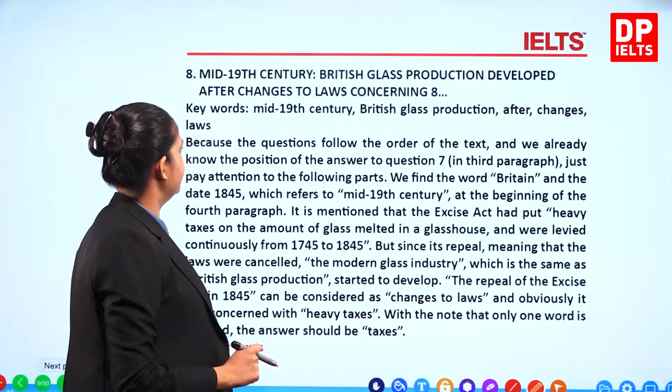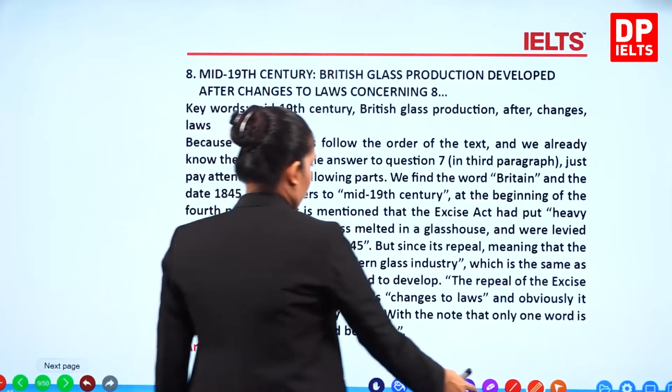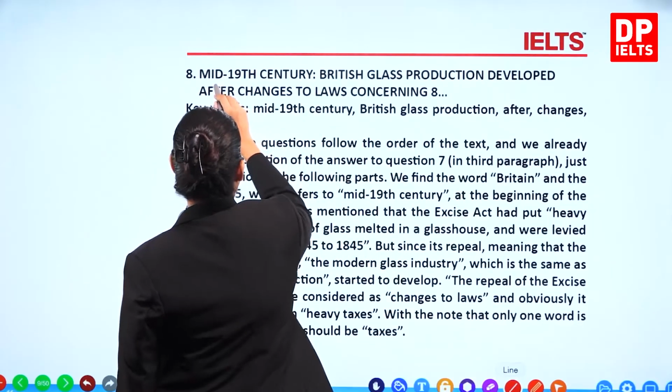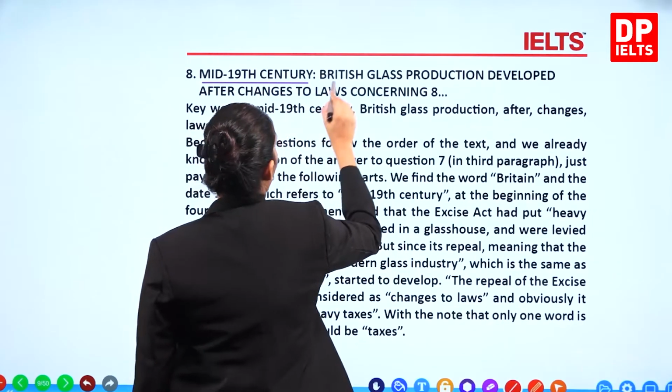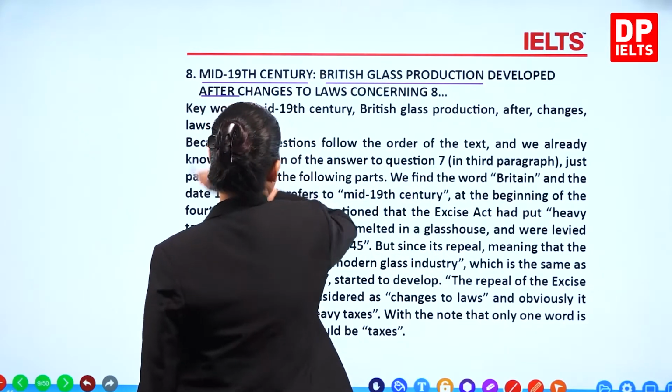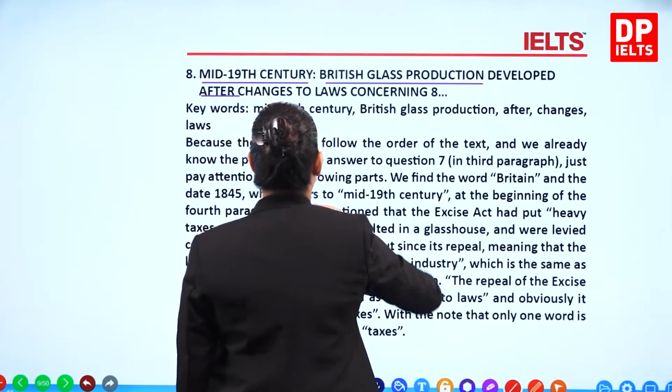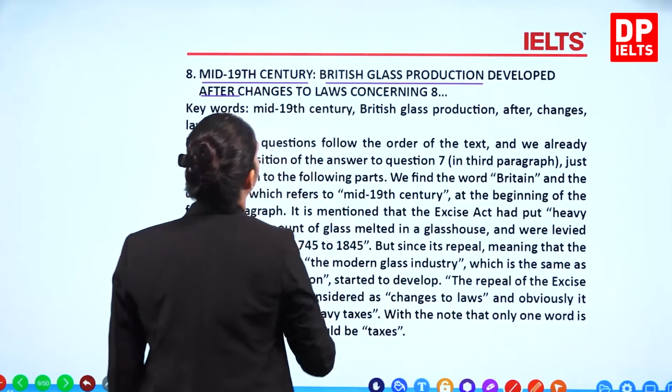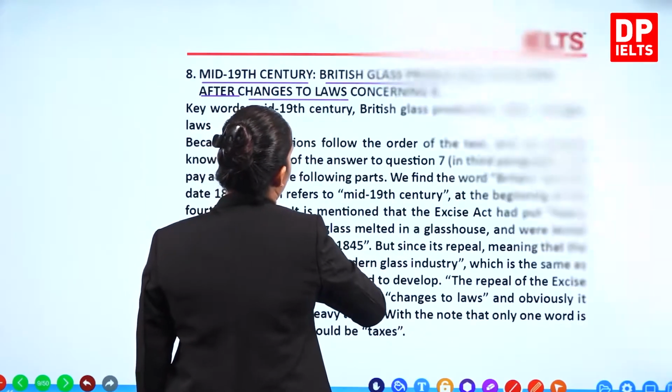Question number 8. Mid-19th century, British glass production developed after changes to laws concerning what? Right? So changes to laws. Right.